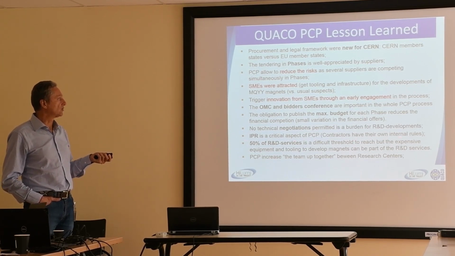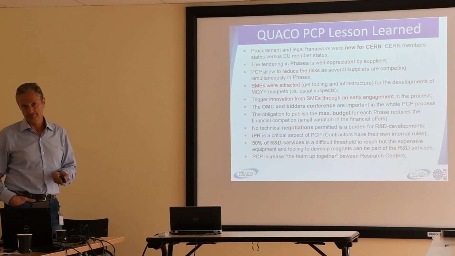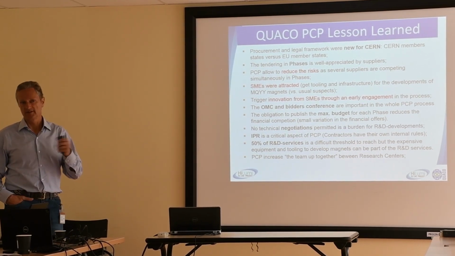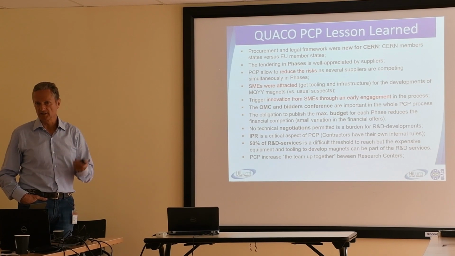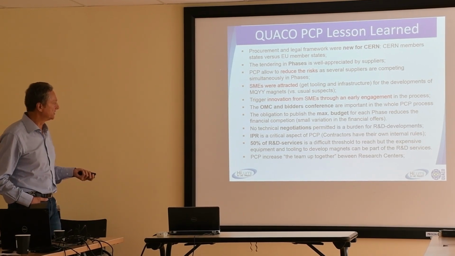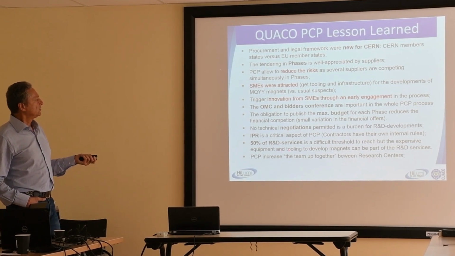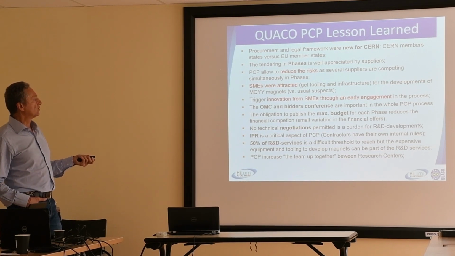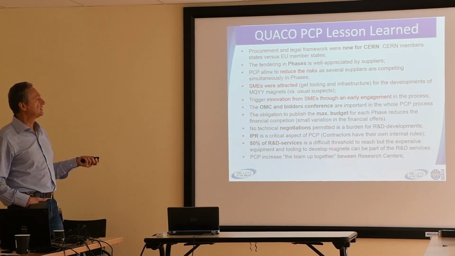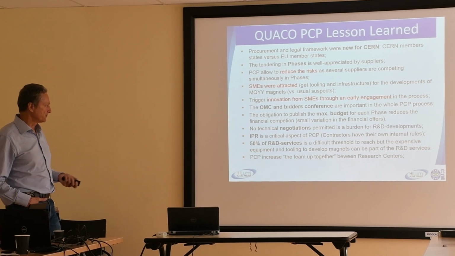IPR is a critical aspect of PCP. Contractors have their own internal rules, and also laboratories. Different laboratories have different IPR policies. And then you have to define the 50% of R&D services. This is a difficult threshold to reach.